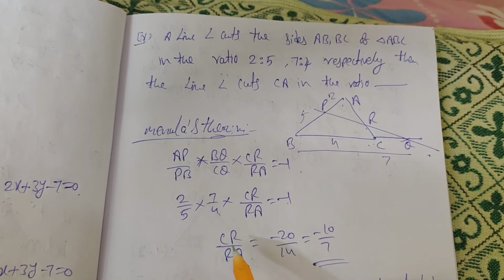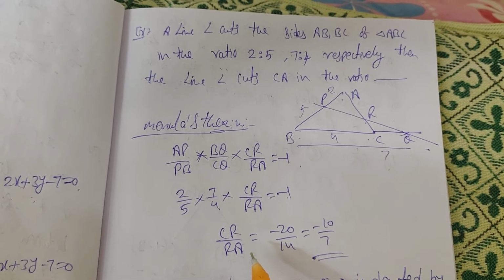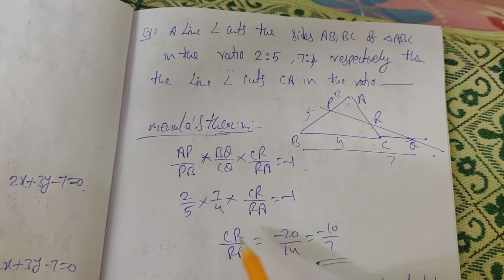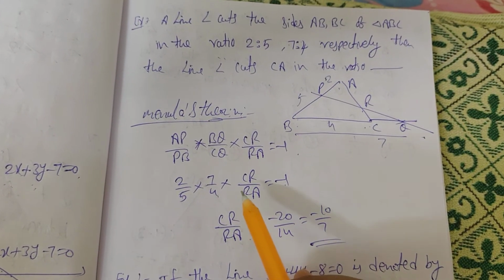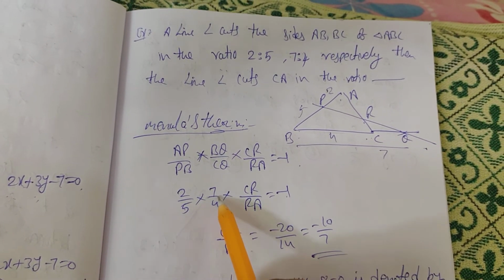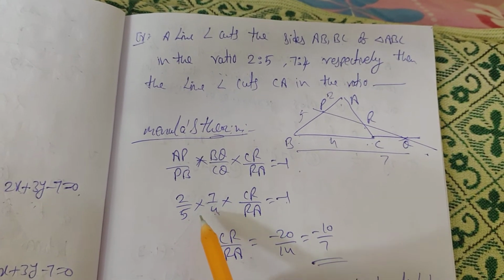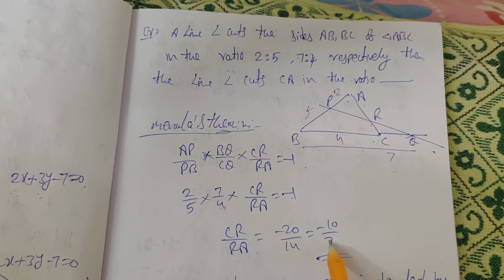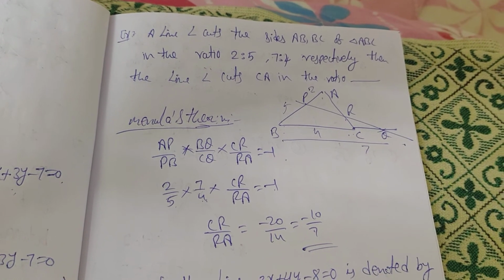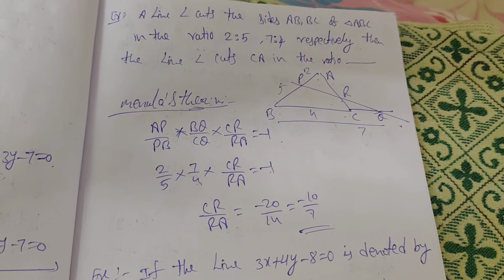So CR by RA is equal to, simplifying the 2s, 7 by 10. Transposing this side, minus 10 by 7. Sorry, CR by RA is equal to minus 10 by 7. This is the answer for this question.